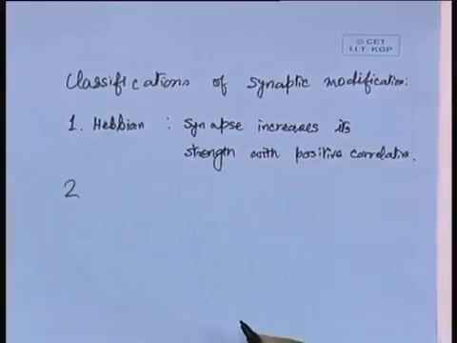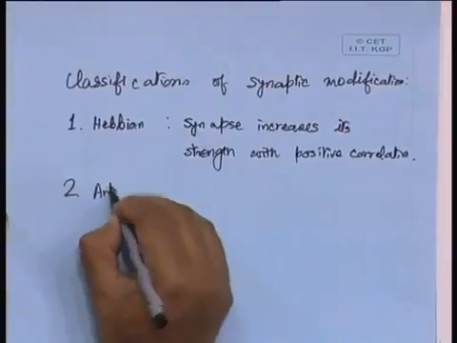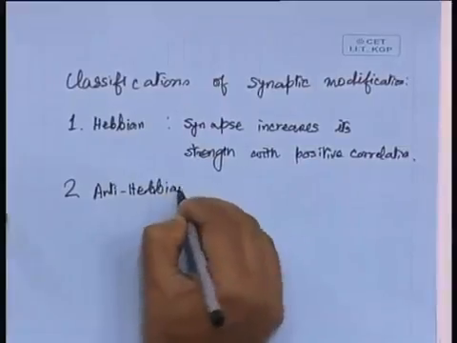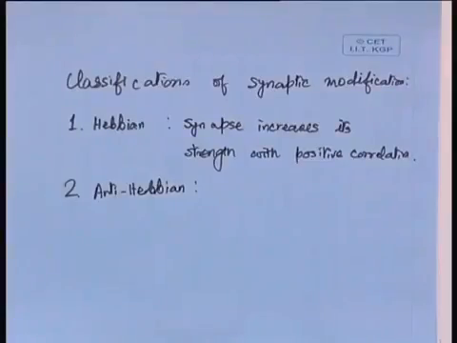A second category of synaptic modification one can think of is called the anti-Hebbian. And what is anti-Hebbian? Anti-Hebbian means something that behaves exactly opposite to how the Hebbian learning mechanism behaves. That means if you have negative correlation, if one end of the synapse is -1 and the other end of the synapse is +1, in that case you should strengthen that.